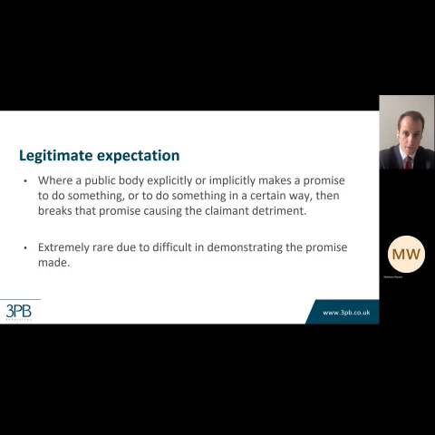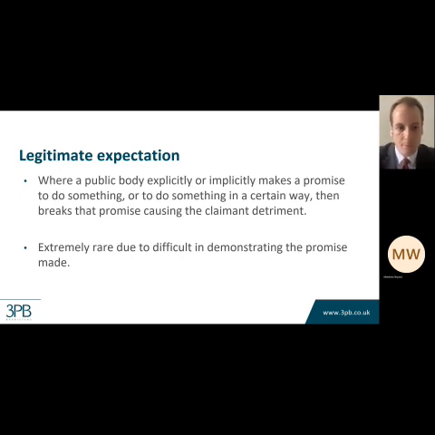A slightly rarer example is legitimate expectation. Where a public body explicitly or implicitly makes a promise to do something, or to do something in a certain way, and it breaks that promise, causing the claimant detriment, then you might be able to go to court and try to hold the public body to its promise.